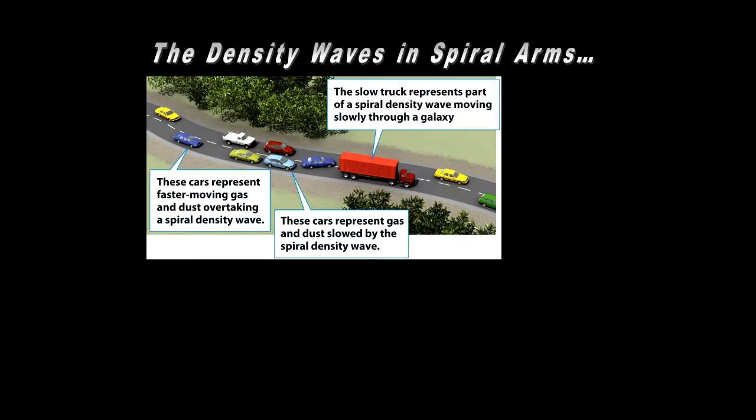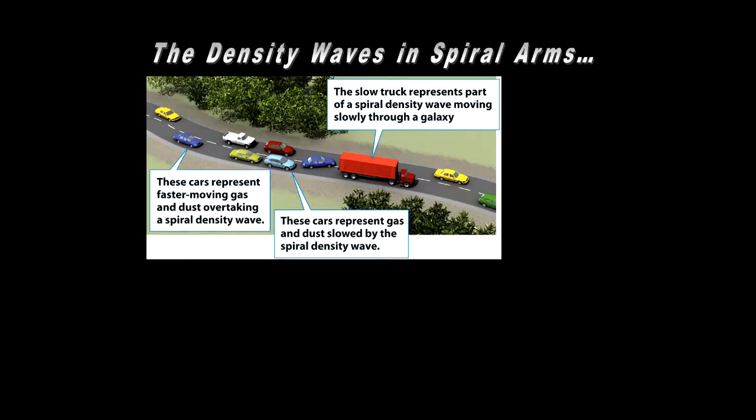If you looked from above, from a helicopter, you'd see this enhanced density in the region of this slow-moving truck. Now, the whole system is moving down the highway. The truck is part of that density wave pattern, and it's moving along. But the stars are coming in, slowing down, and then passing, speeding up again, spreading out once again.